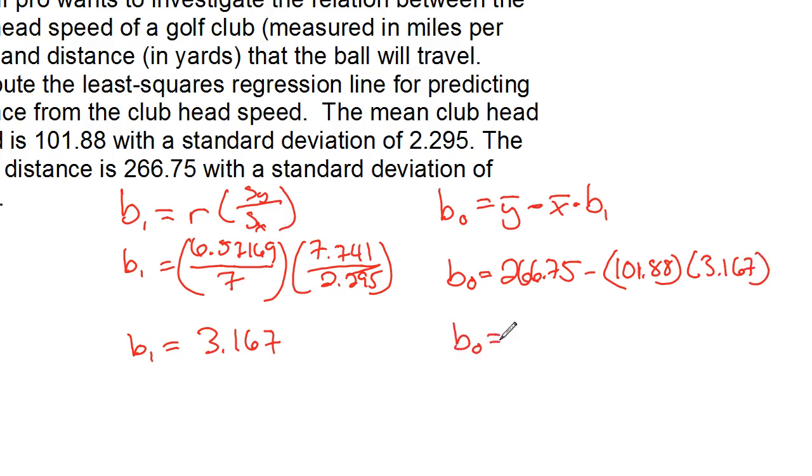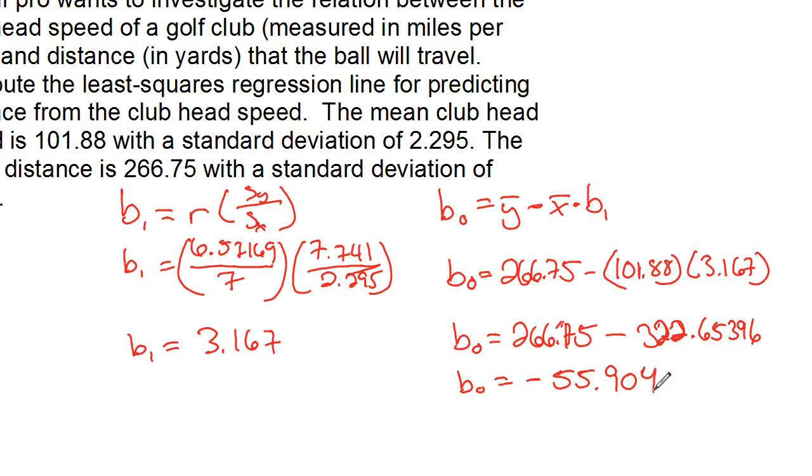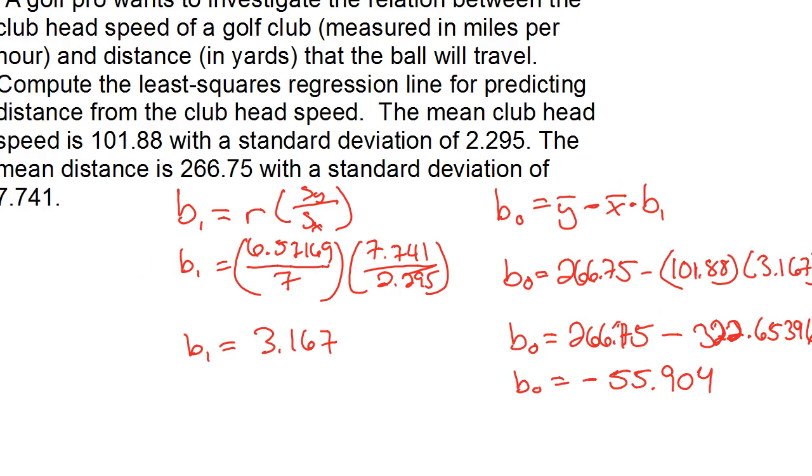So that means that I've got 266.75 minus 322.65396. So this is going to give me a negative 55.904 as my y-intercept.